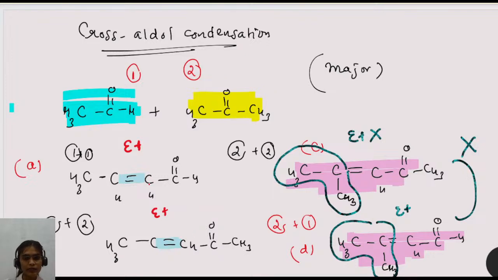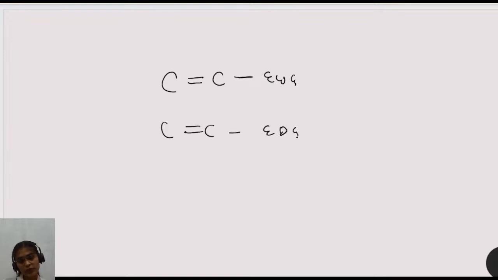In this case, this is a CO, and this is COCH3. Just let me know: if you have a carbon-carbon double bond, is it stabilized with an electron withdrawing group or an electron donating group? Please answer this question, it's a very basic question.